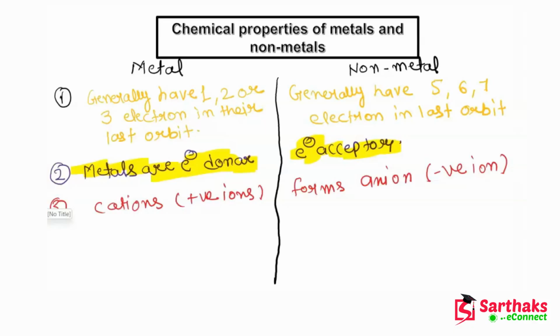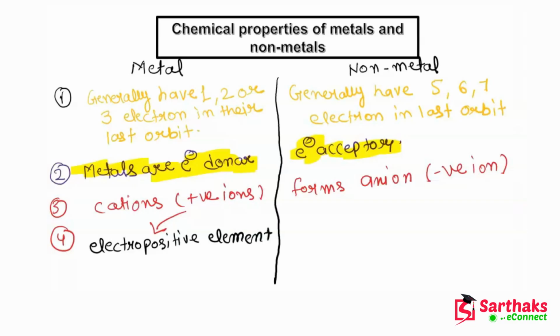Now guys, this metal is forming a positive ion. That's why these are called electropositive elements.